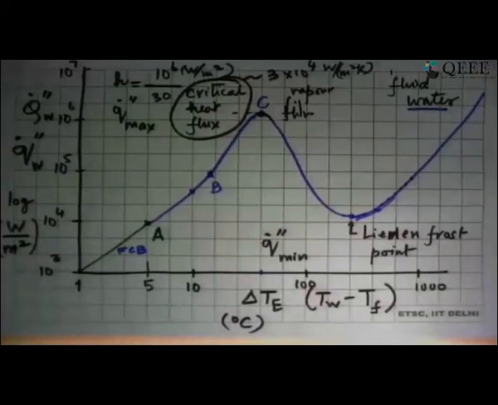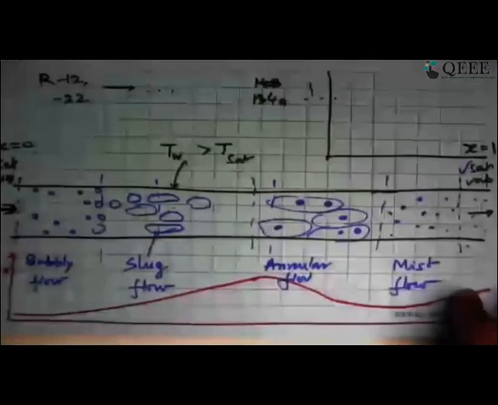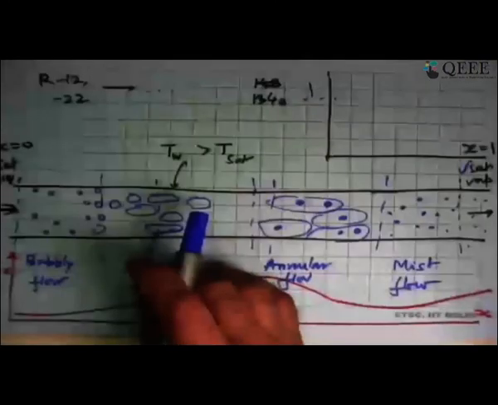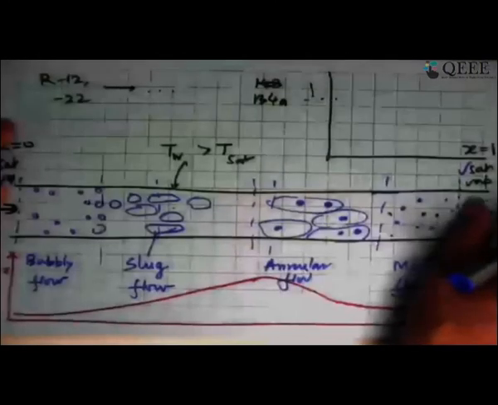Okay, is there any pressure change during boiling? Well, this is the same question. Now let's see. I have just drawn here what happens in flow boiling in a pipe. You also would like to know the pressure drop in this particular case. How do I get pressure drop? All the fluid mechanics you have learned tells you what is pressure drop for a liquid, and what is pressure drop for a gas or a vapor.